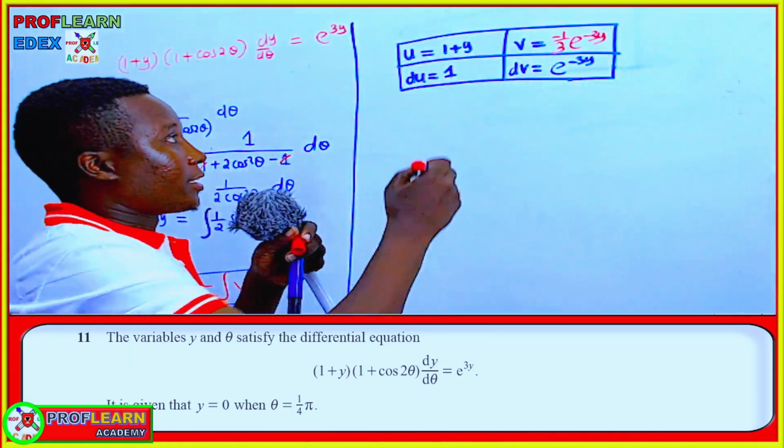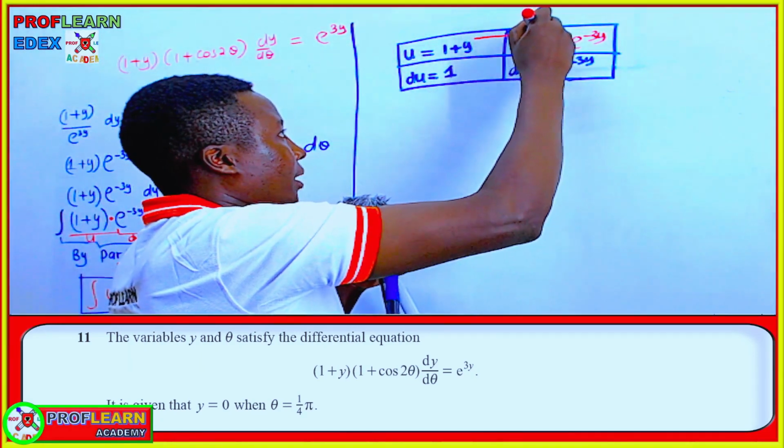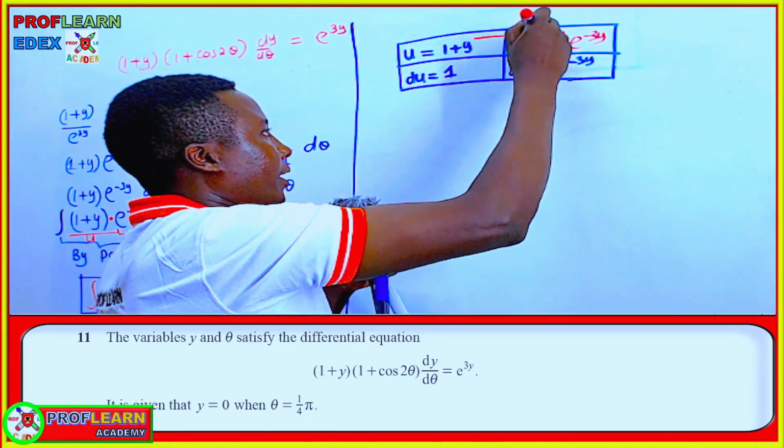So once you have done that, we are going to multiply this part. In order to find the integral, you multiply across.